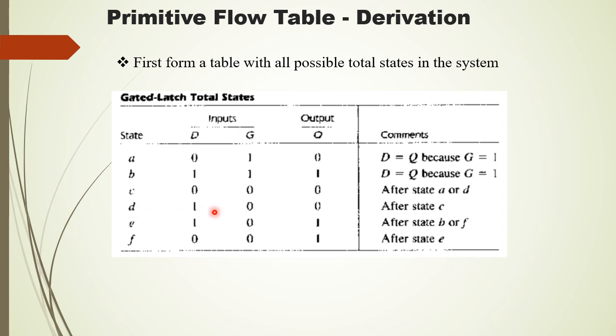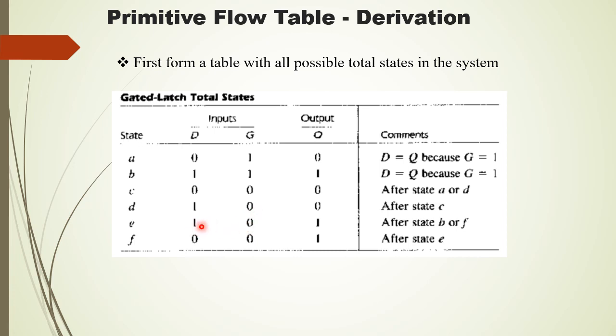Now, with state B, when G was 1 and D is changed from 0 to 1, suppose we make G as 0, that is the gate input as 0 with D input still at 1.